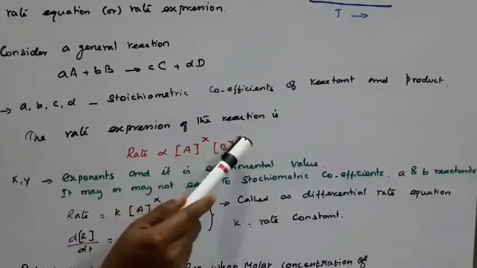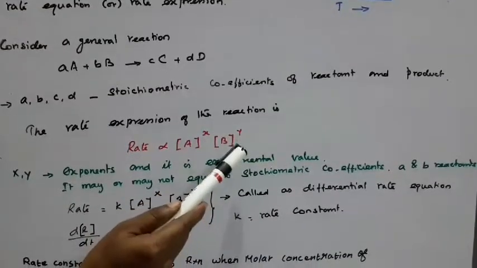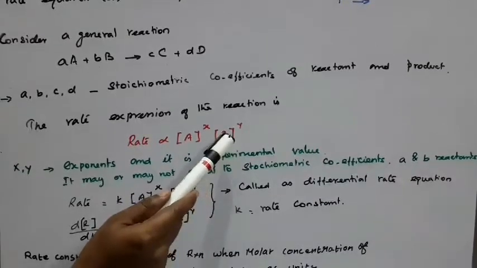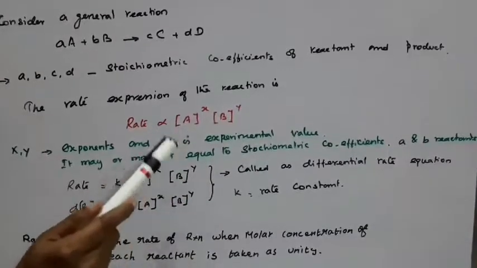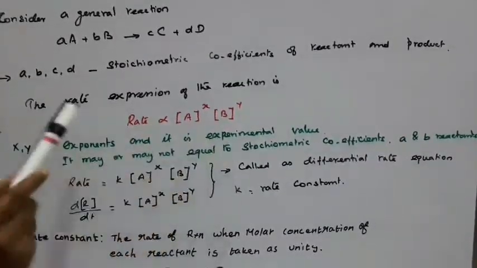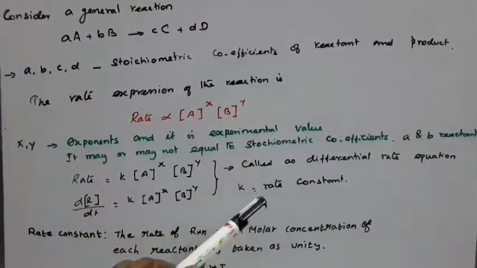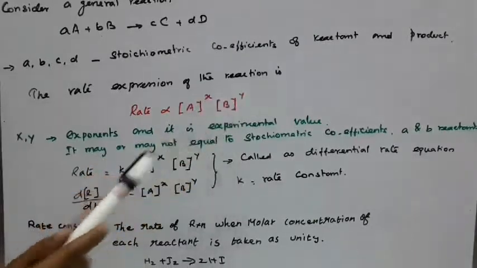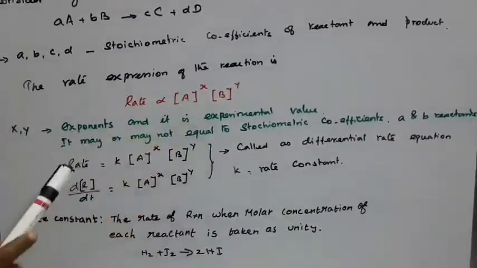The sum x plus y is the order. We cannot determine the order on our own, so it is obtained from experimental values. In this case, x and y may or may not be equal to the stoichiometric coefficients of reactants A and B, because we can get these values only from experiments.